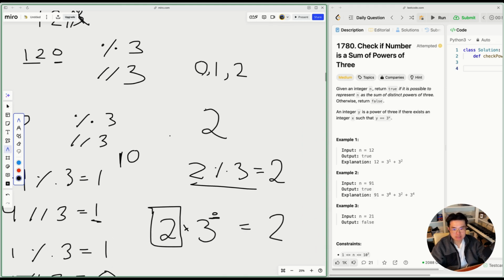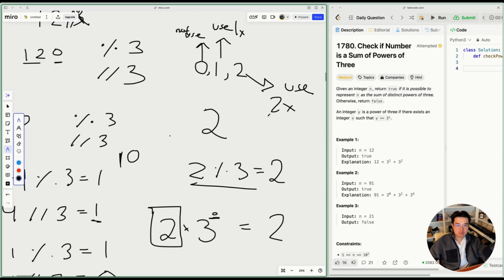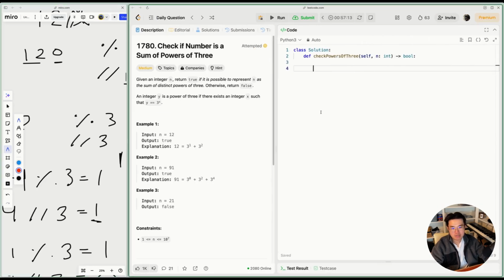In this case, 0 means that it's going to be multiplied 0 times, which basically means we're not using the current number. 1 means we're going to use it 1 time, and 2 just means use it 2 times, right? So if we ever see a 2 right here, we should return false. Yeah, so that's kind of tricky to me.